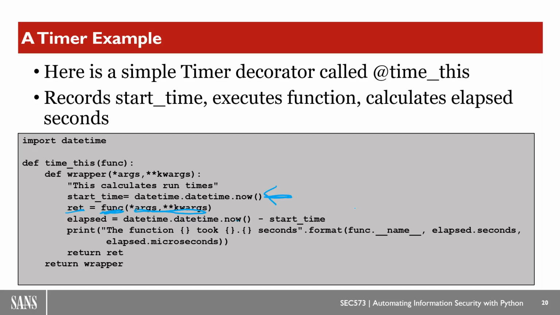It's going to look at the current time, subtract the start time from it, and that's going to be my elapsed time. It's then going to print that the function name took this number of seconds to execute, and then it's going to return the return value of whatever function you called back to the thing that called it. This will create my wrapper and execute.